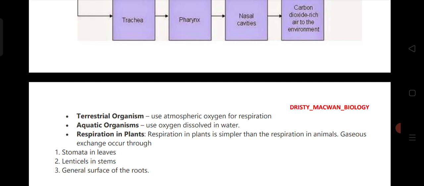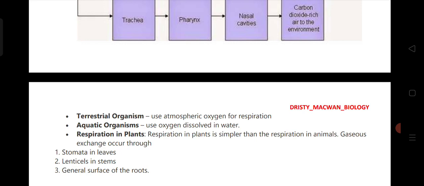Atmospheric oxygen means the oxygen from the atmosphere, and we need atmospheric oxygen for carrying out respiration. Whereas aquatic organisms use the oxygen dissolved in water.